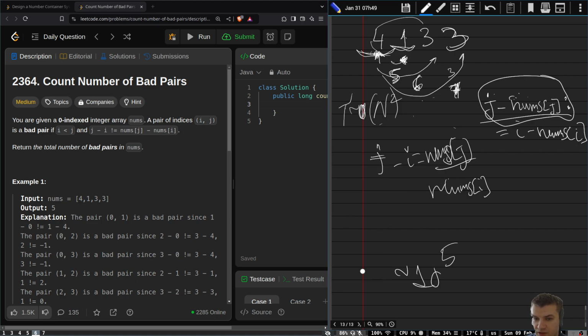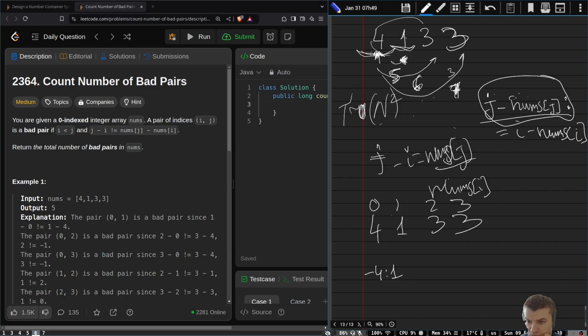So step one, for this example, I have 4, 1, 3, 3. So indexes 0, 1, 2, 3, and I'm gonna subtract. The first one, 0 minus 4, is minus 4, 1. Then 1 minus 1 is 0, 1. Then 2 minus 3 is minus 1, 1.